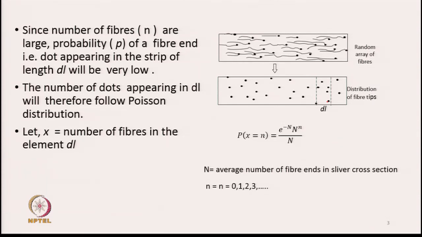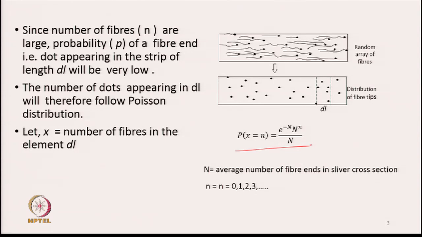Let x be the number of fibers in the element dl. Then we can write that the probability of x being n is e to the power minus N, N to the power n divided by n factorial. This formula comes because the fibers follow Poisson distribution.